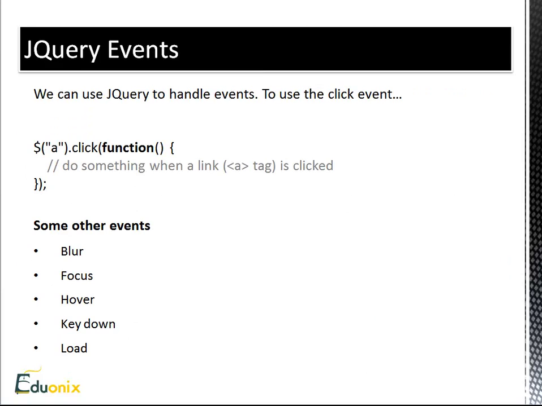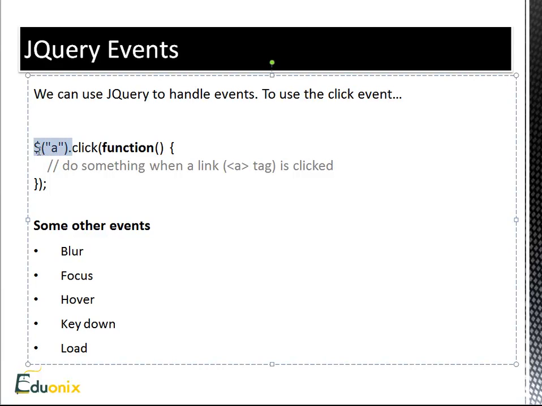jQuery events. Like I said, jQuery is very good at handling different kinds of events, and here we can see an example. We're seeing all the A tags. Okay, so we know that an A tag is a link, so we're saying all the links, when we click on a link, we're going to run this function, which has nothing here because this is just an example, but we could do, let's say, like we just saw, the addClass action.